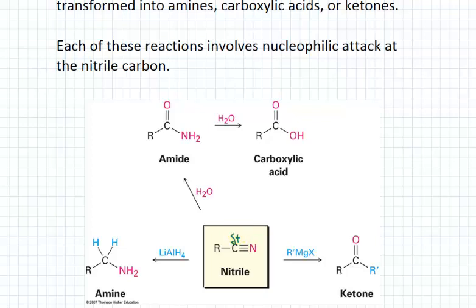So let's look at lithium aluminum hydride, a reducing agent. It reduces carbonyl compounds to alcohols. That's because it behaves as if it is H minus. We'll draw the mechanism here in a second, but we're able to actually add two of them to the carbon, reducing the triple bond to a single bond.